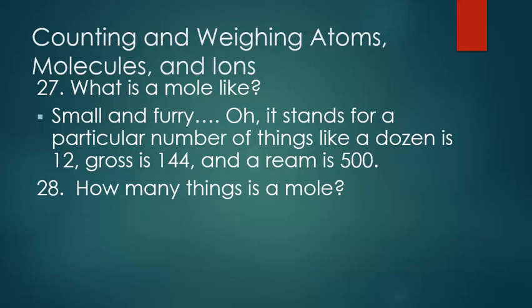Not even 12 million, not even 12 billion, or trillion, or quadrillion, or quintillion. Folks, it's only until we get to have this many carbon atoms that we have enough to be able to hold in the palm of our hands.